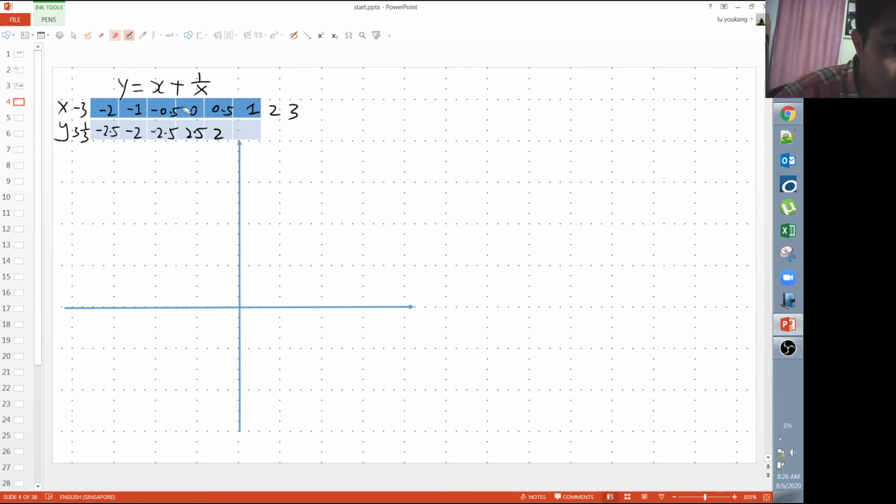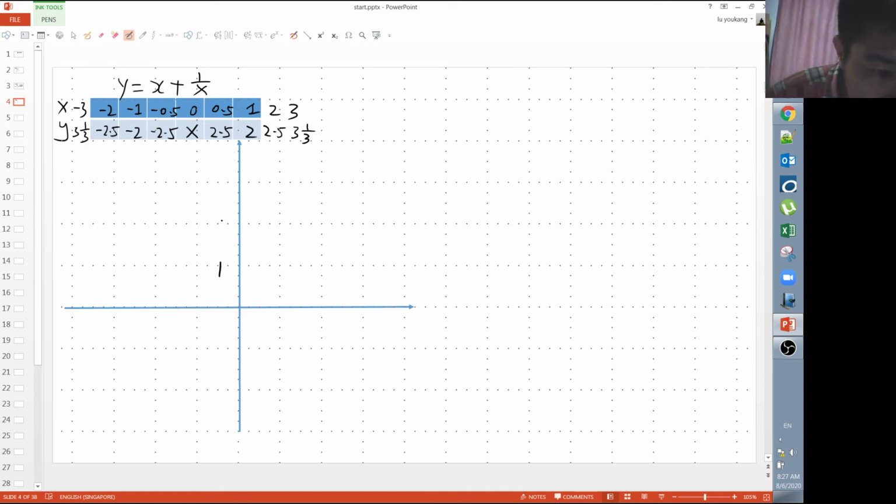By the way, 0 is not defined because of this 1 over x. 1 over 0 is not defined. When x is 0.5, you get 2.5. When x is 1, you get 2. When x is 2, you get 2.5. And when x is 3, you get 3 and 1/3. Now let me label the axes.